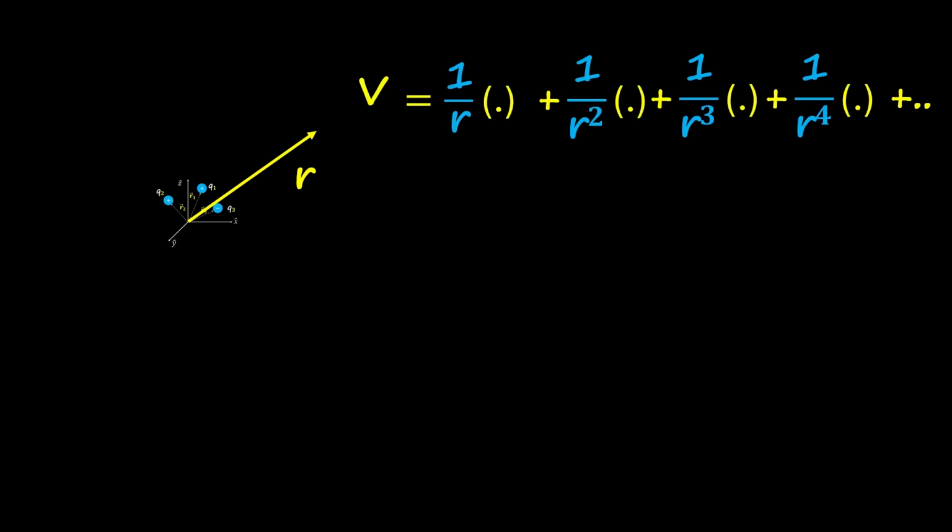So we can write the potential as this. Now let us try to analyze different scenarios. Suppose the net charge of this system is non-zero, then the dominating term in this expression will be from the monopole, so we can approximate the potential with the monopole contribution.